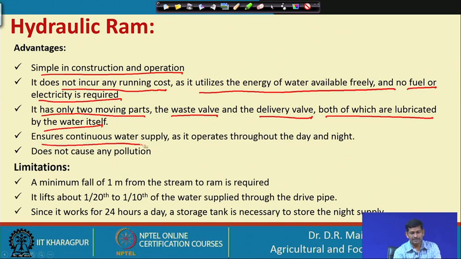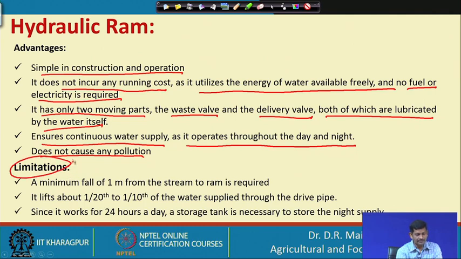It ensures continuous water supply as it operates throughout the day and night, and does not cause any pollution. Since it does not require any fuel, pollution is not an issue, but since it operates continuously throughout the night and day, we need to arrange a storage tank in order to store the water.